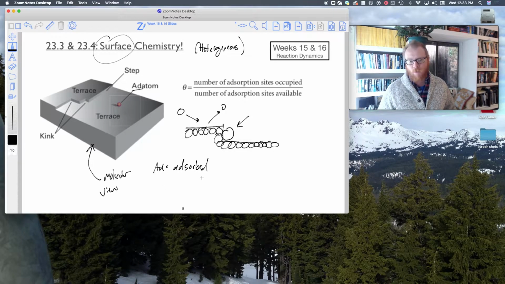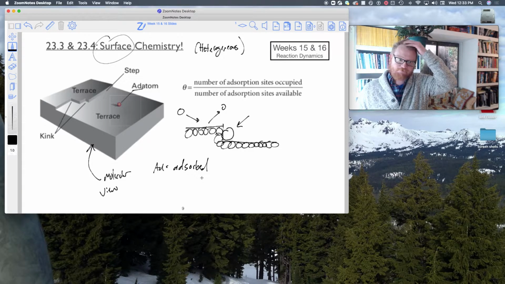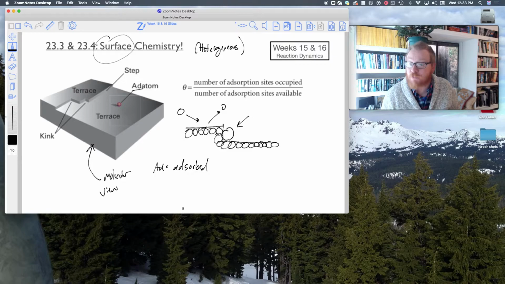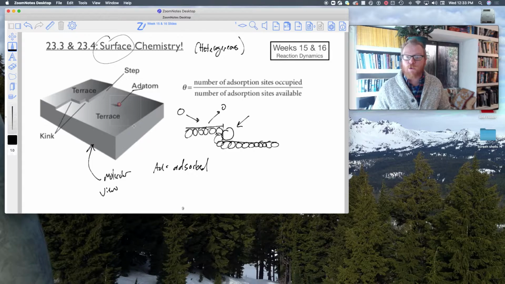So adsorbed means a molecule has stuck to the surface. Okay? Molecules typically have great affinity for steps and kinks, as I said, but it's certainly not uncommon to find them stuck to terraces. Okay? So often catalysts that have been roughened, that are not atomically smooth, work really well because those rough defects are great places to bind add atoms.